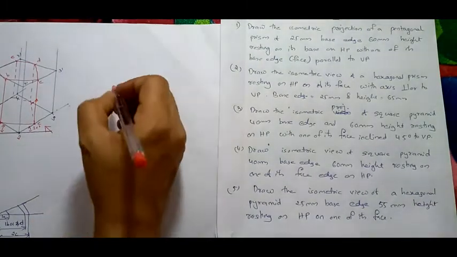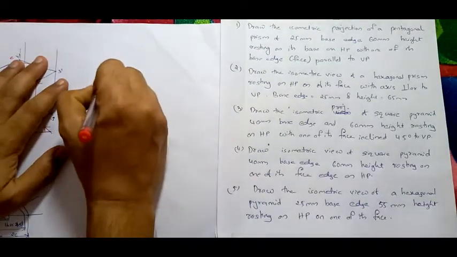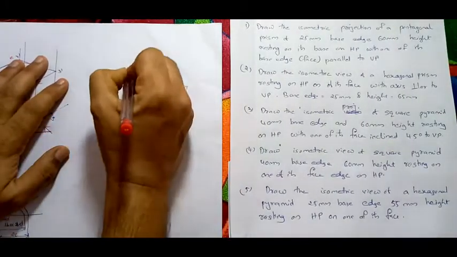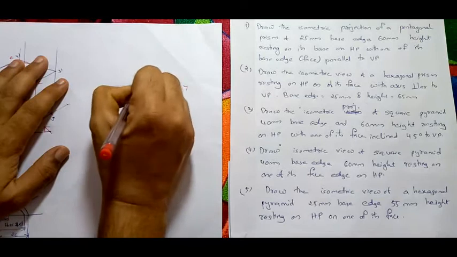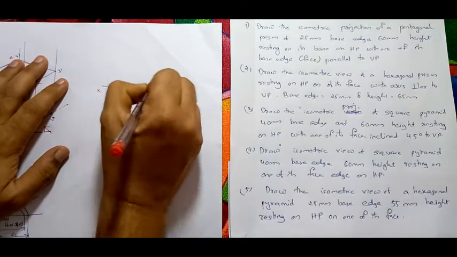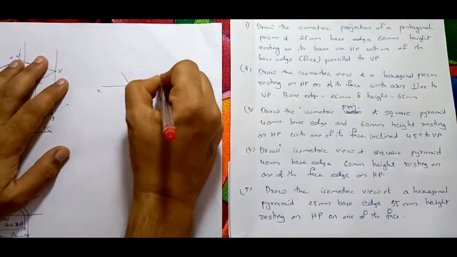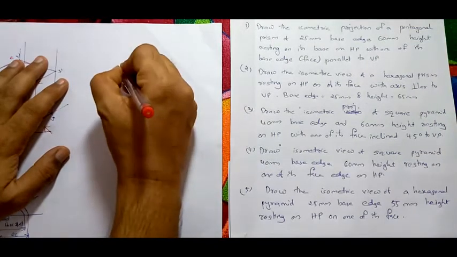Now quickly see, I am drawing the front view and top view. Draw the XY line like this. Now what you have to do is draw the hexagon. Resting means I will be drawing an edge here, hexagon. We will start here. Now complete the hexagon, edge is given, right?